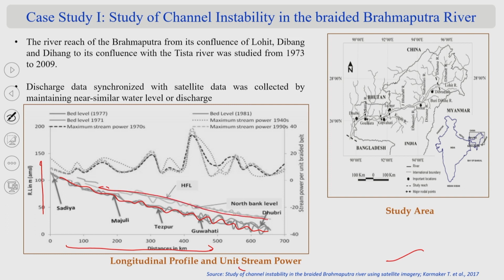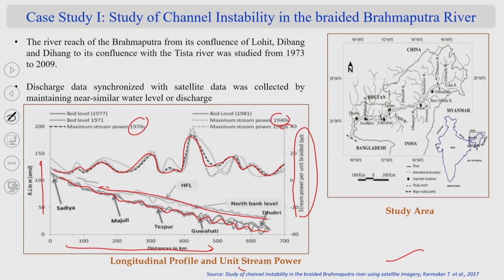How the high flood levels are changing. But if you look at the stream power per unit braided belt width, that changes like this. It is quite interesting. The stream powers are varying from the 1940s to the 1970s.